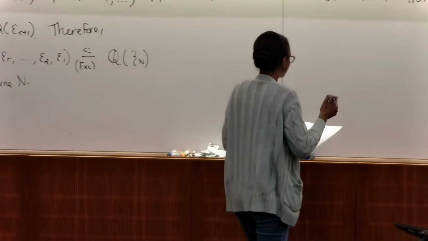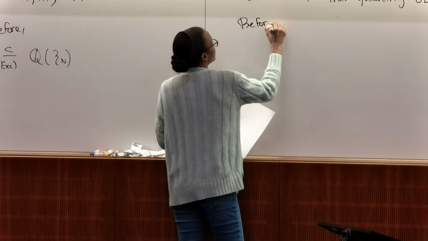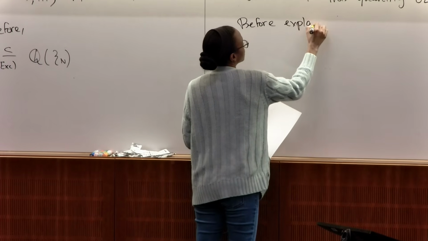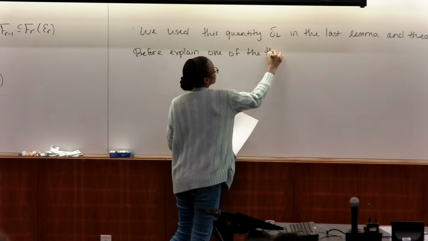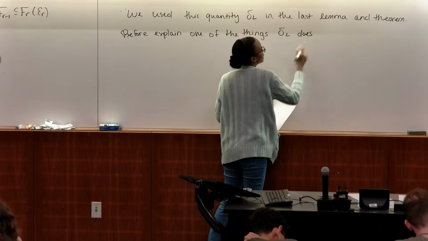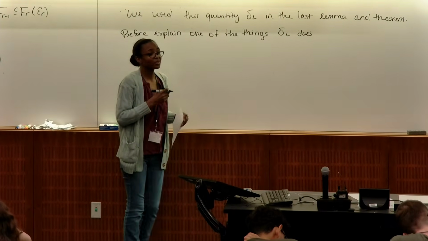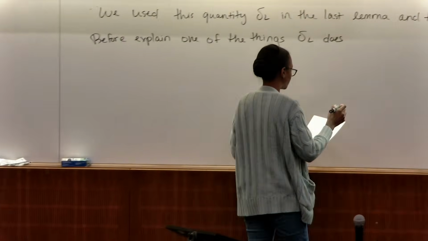Okay. So before explaining one of the things delta L does, we're going to revisit some things that we know about the integers. And I promise we're going somewhere with this.